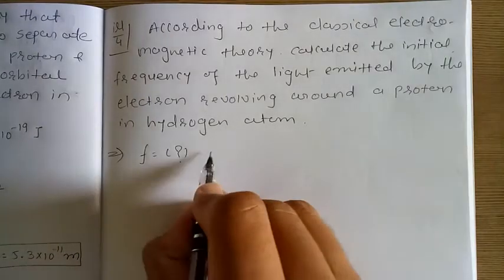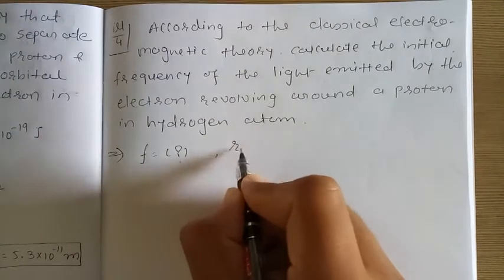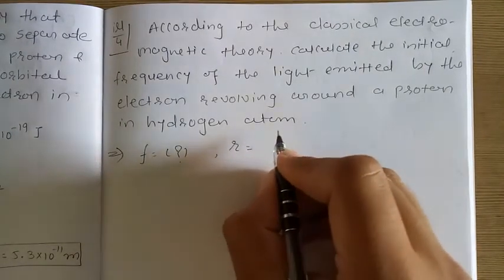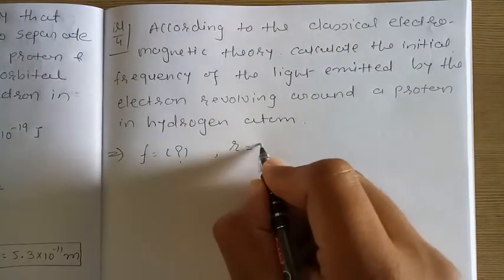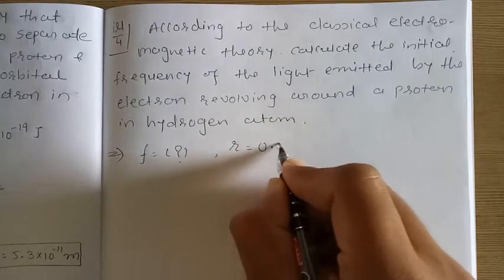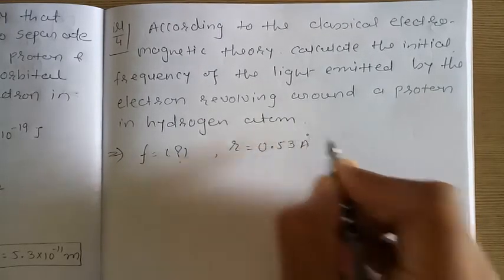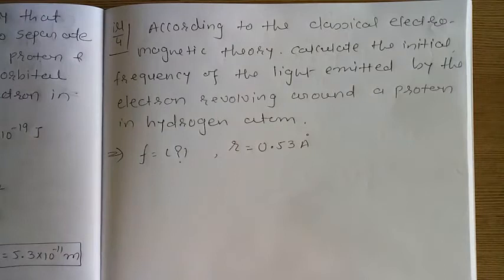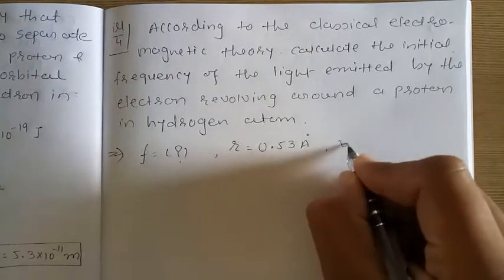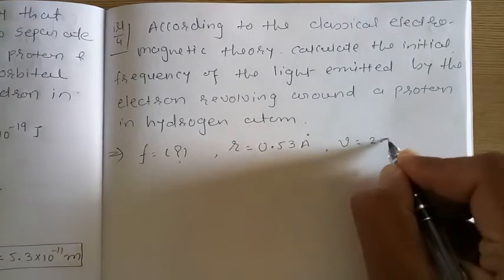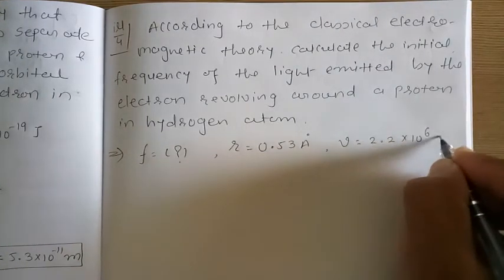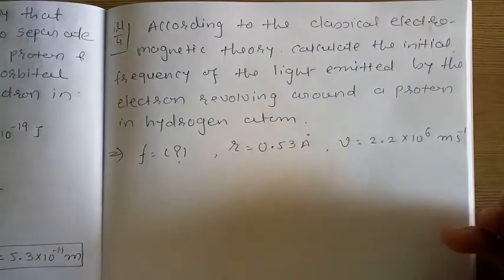We know that radius r is equal to 0.53 angstrom, because already you know that the radius of hydrogen atom is 0.53 angstrom and the velocity is 2.2 into 10 raised to 6 meter per second, right?